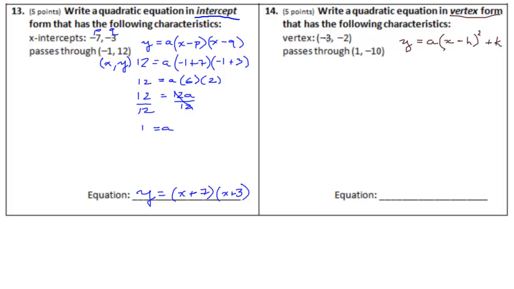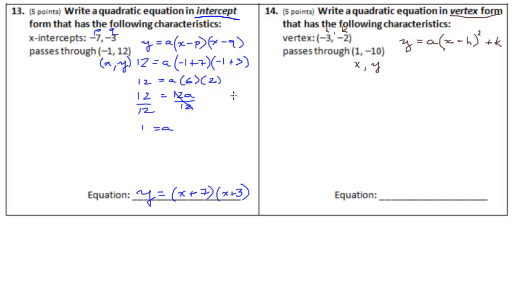So we have 5 letters up here once again. H and k represent the vertex. So h is -3, k is -2, and we have this point that the parabola passes through, (1, -10).